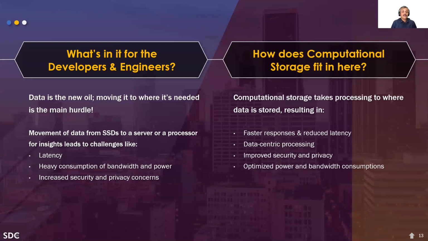How does it help? It minimizes the amount of data which needs to be transferred, and because the amount of data is minimized, it cuts down the latency. Because less and less data is going on the wire, it improves our security and privacy concerns. And since it has a very short power footprint, it helps on the power consumption side as well.